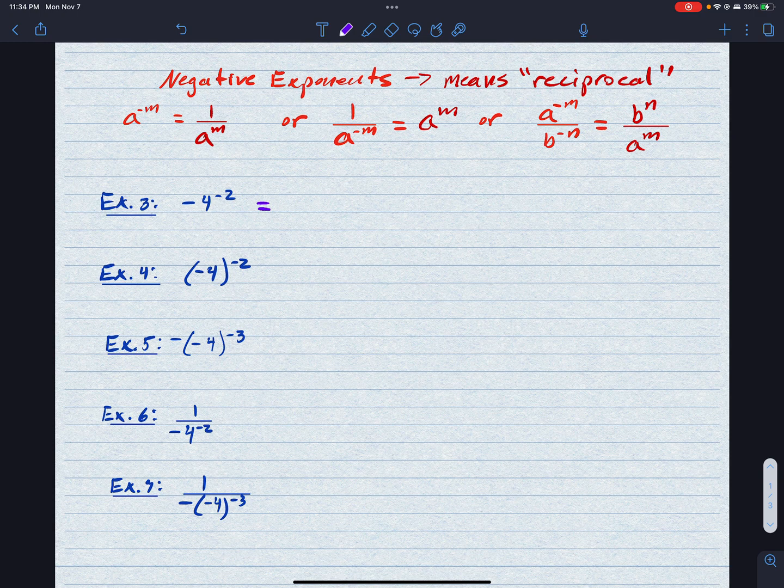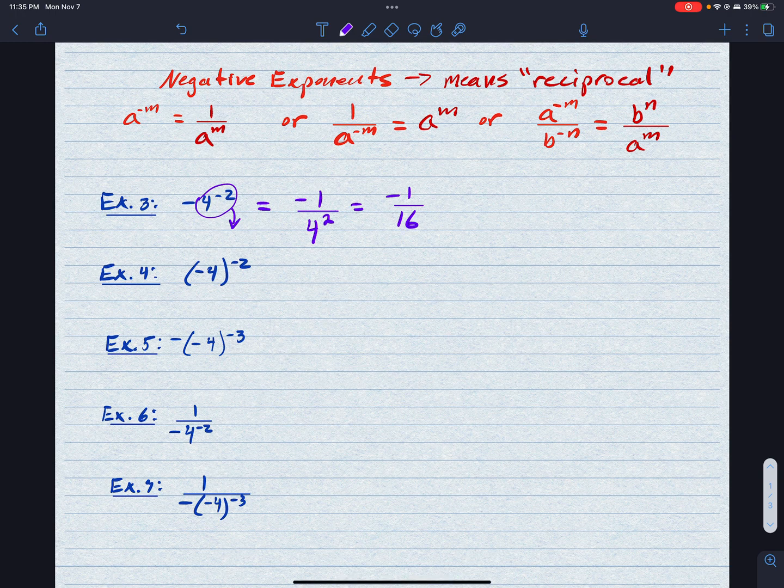Only the 4 has the exponent of negative 2. So only the 4 is shifting down. The negative stays on top. When you shift it, you leave a 1 in its place, a factor of 1. And so the 4 shifts down, and it gets a positive exponent when it shifts. And then we can evaluate that positive exponent. So the answer is negative 1 over 16.